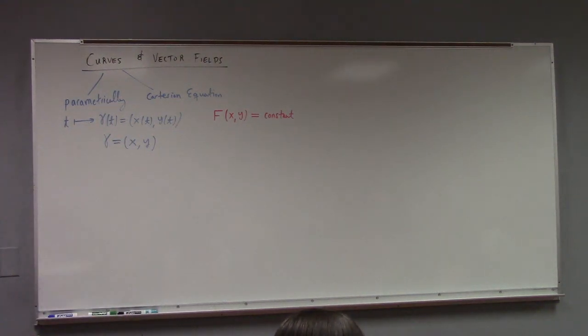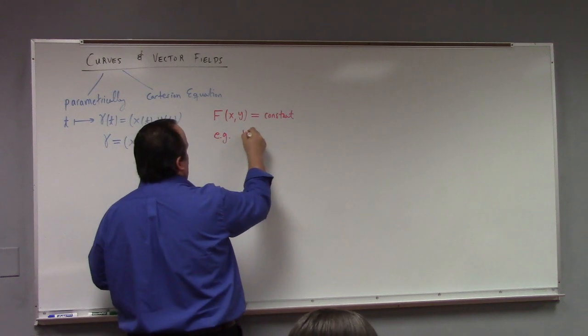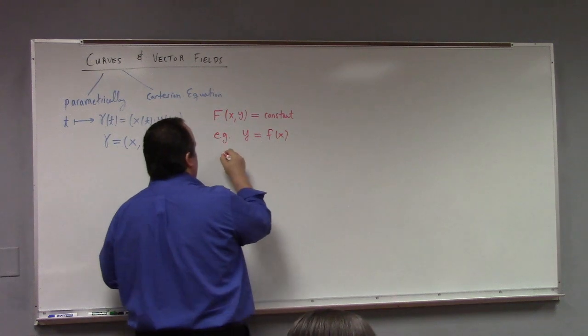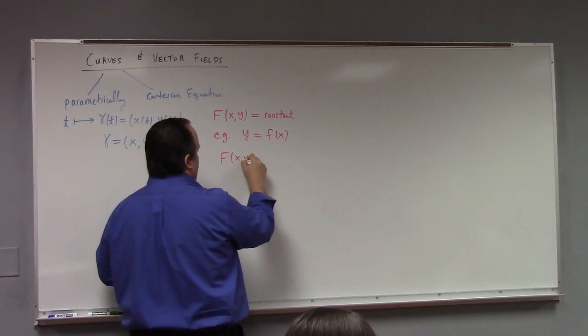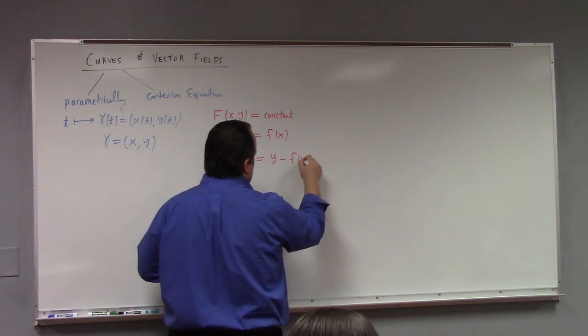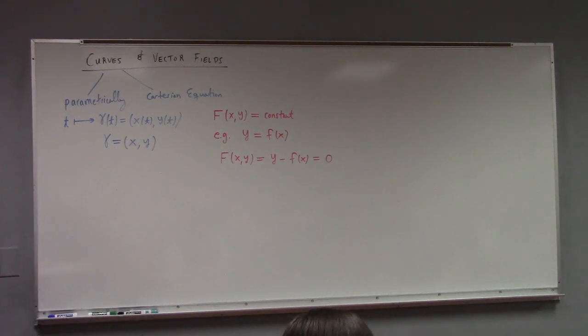So that's a Cartesian equation. It's just involving x and y. There's no time, right? And so a special case of this would be, for example, y equals, say, little f of x. So you could say f of x comma y is equal to y minus f of x equals 0. That kind of equation is called a what?